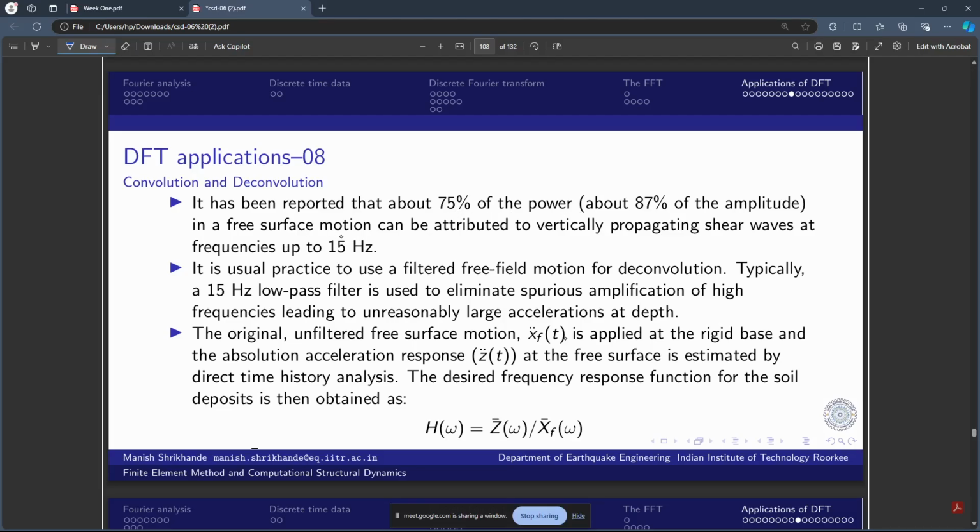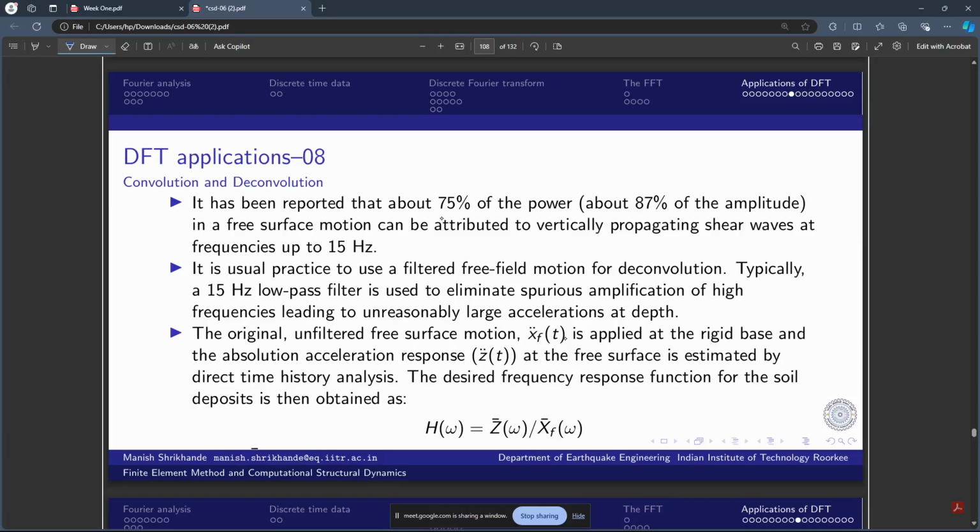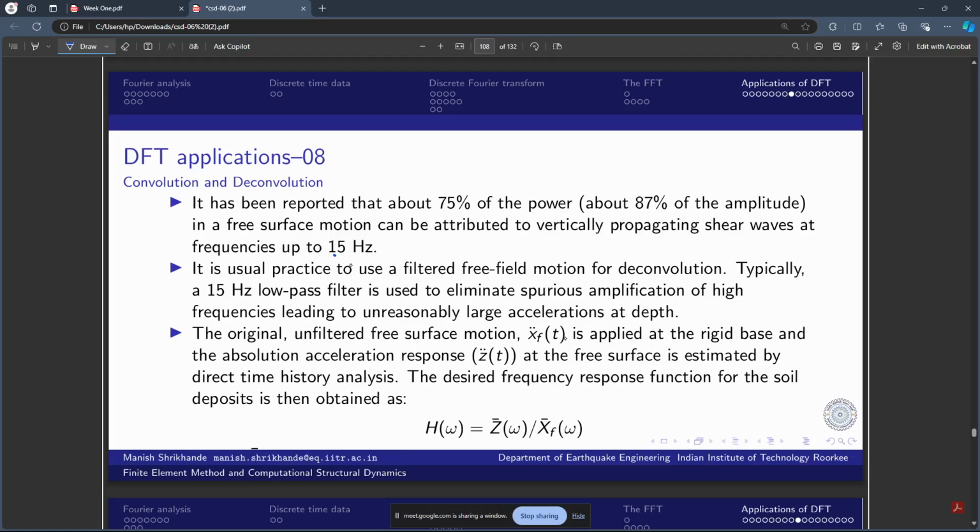75% of the power in free surface motion can be attributed to vertically propagating shear waves at frequency up to 15 hertz. So whatever signal we are getting, 75% of that power in the free surface motion corresponds to shear waves at frequency up to 15 hertz.